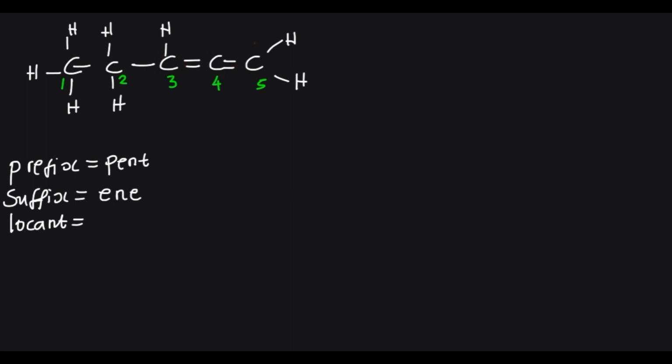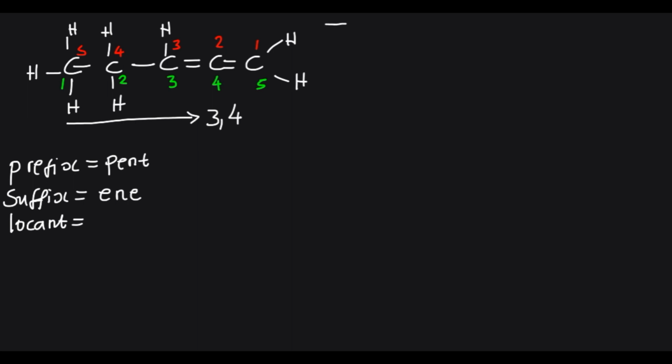Now let's check from this side. So this is carbon 1, 2, 3, 4, 5. Okay, so now let's look at which numbers we are going to use. So if we move from left to right, we can see that the first double bond is on carbon number 3, the second one is on carbon number 4.